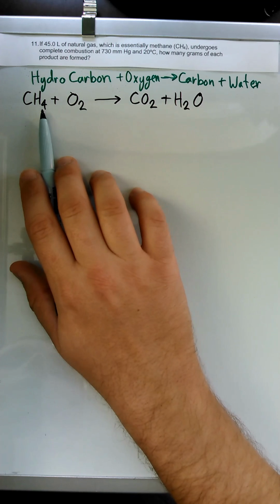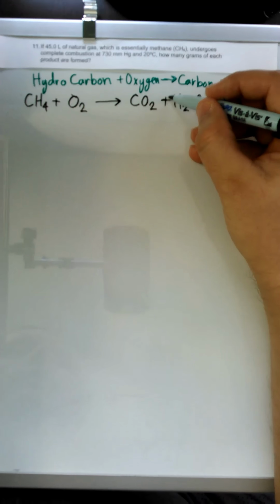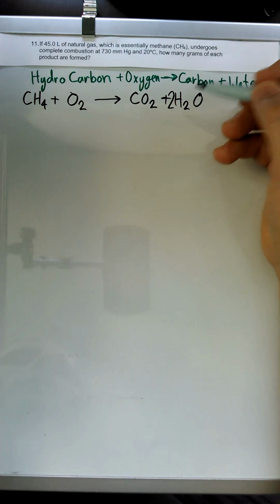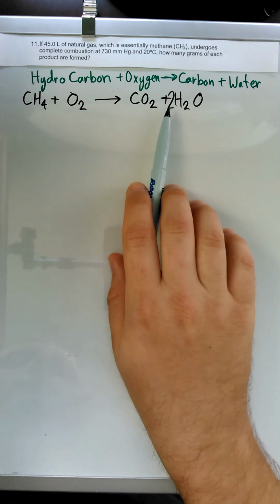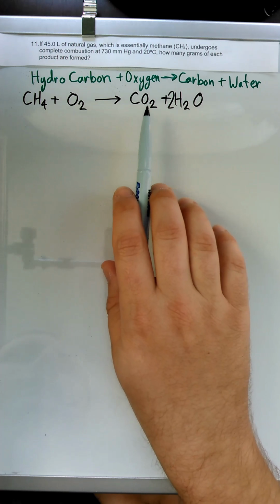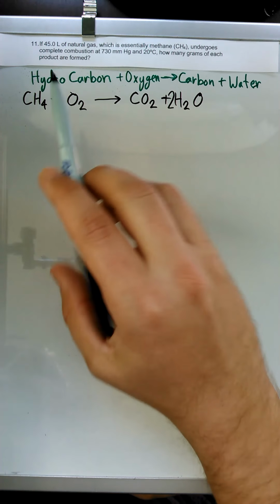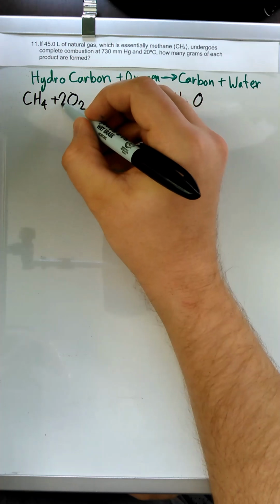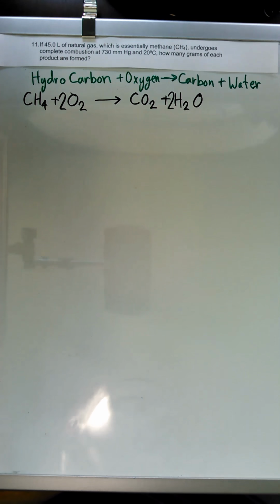We have 4 hydrogen reactants, so to get 4 hydrogen products, we simply put a 2 coefficient on the water. Now to balance oxygen, we have 2 in the carbon dioxide and 2 in the water, with the coefficient giving us 4 oxygen products. So to get 4 oxygen reactants, we put a 2 on the O2, and now our combustion reaction is balanced.